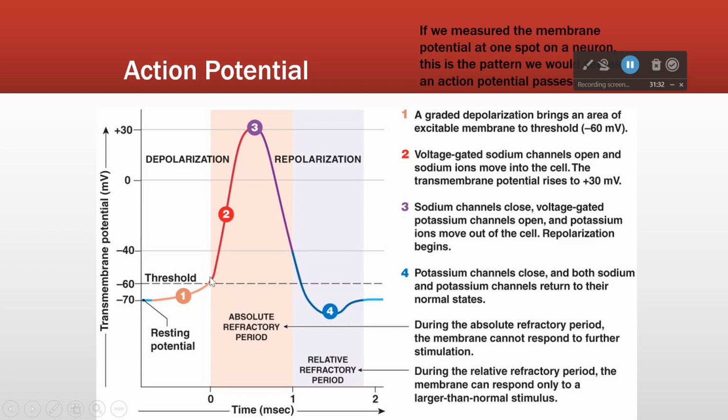Small change. But that small change is exaggerated or amplified because of the sensitivity of the sodium channels, right? When this small membrane potential change happens, the sodium gates are activated. So we get a big depolarization as sodium goes rushing in, okay?